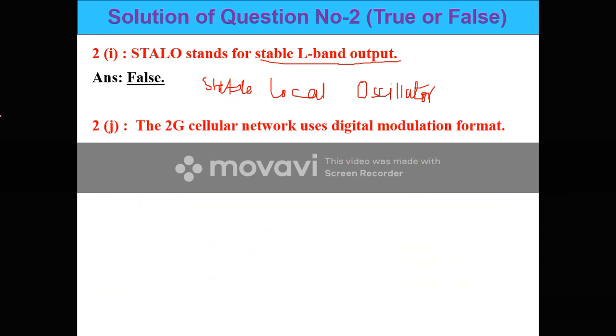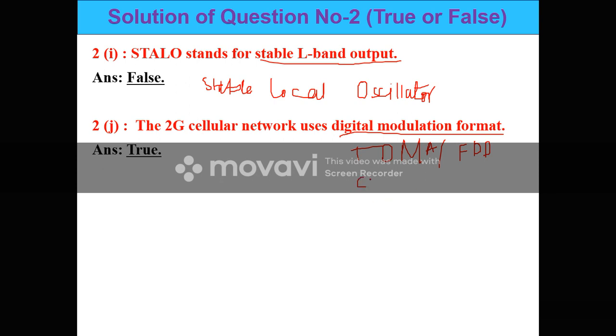The last question of question number 2 is 2G cellular network uses digital modulations. So this is the correct answer. This statement is true. 2G cellular network uses digital modulations. Another is TDMA, FDD, frequency division duplex.